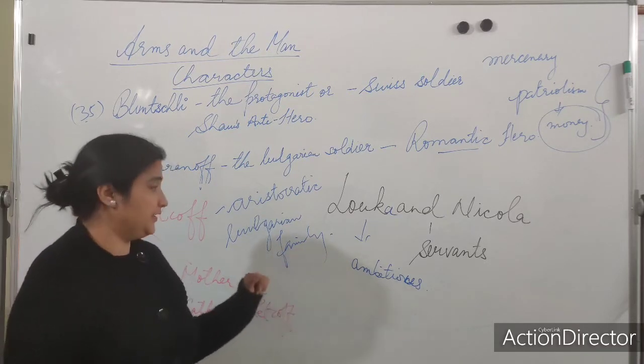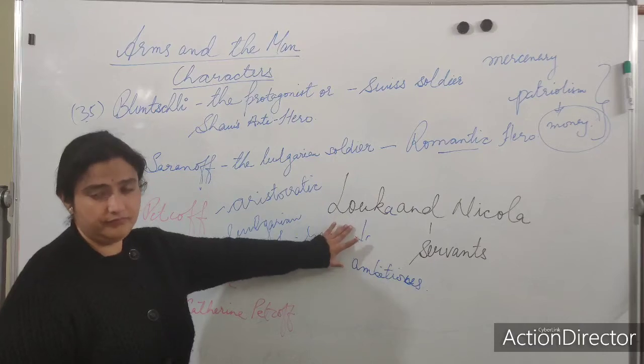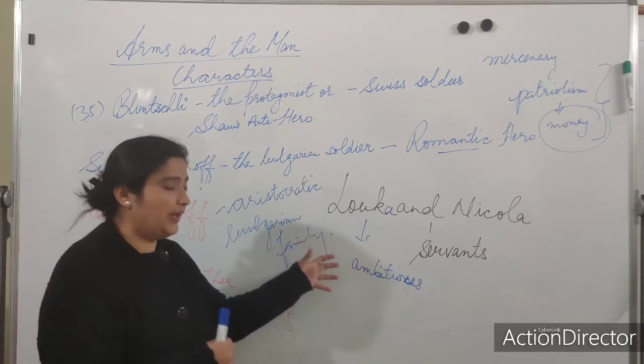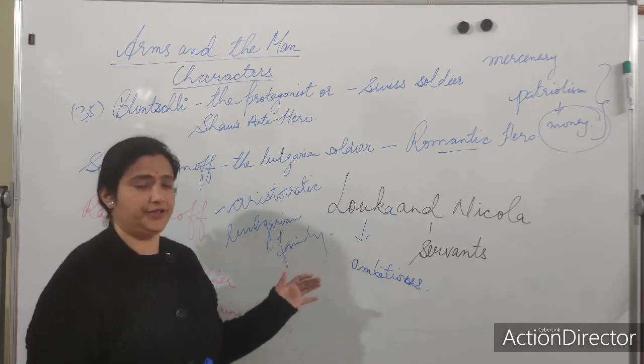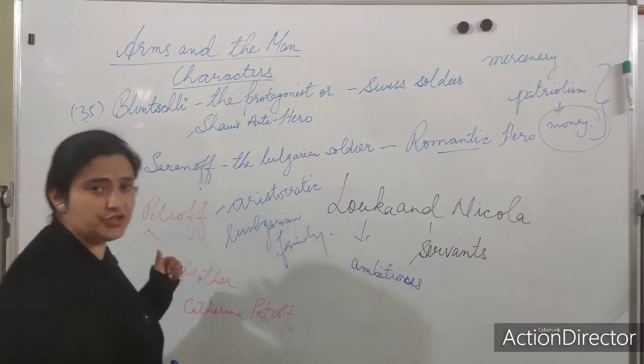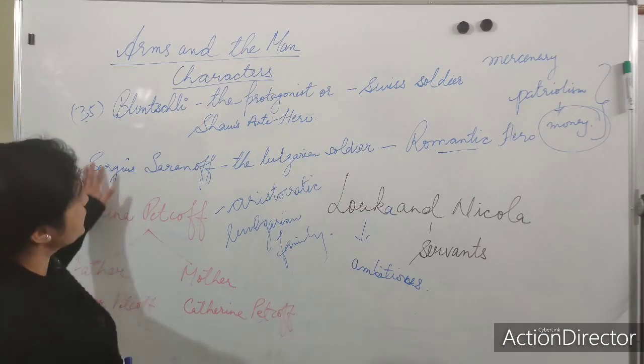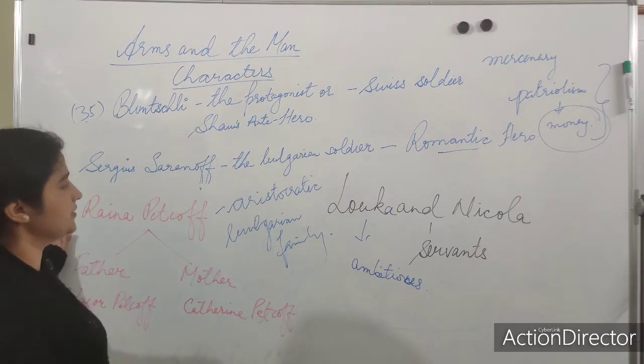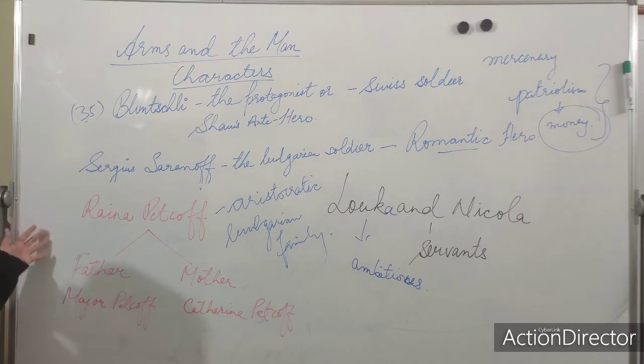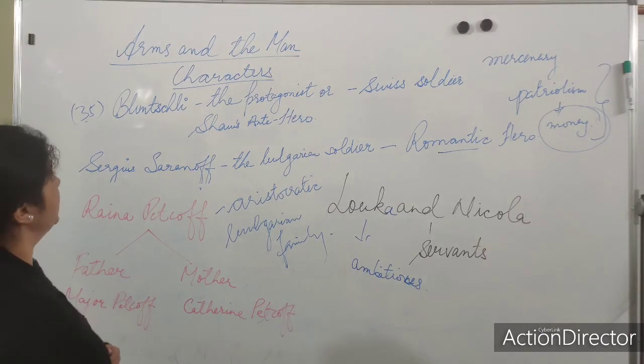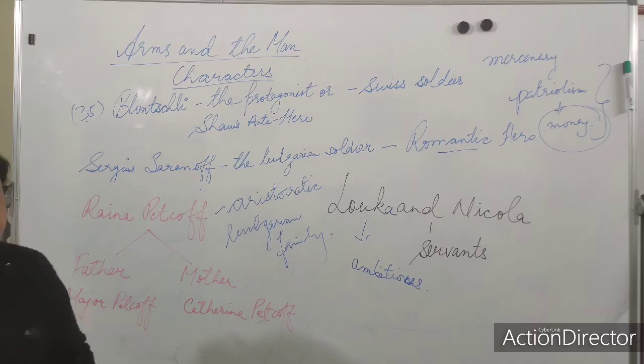We will see that in the play, but she is shown as a very powerful character by G.B. Shaw. Okay, so these are your important characters, the main characters as far as Arms and the Man is concerned, right?